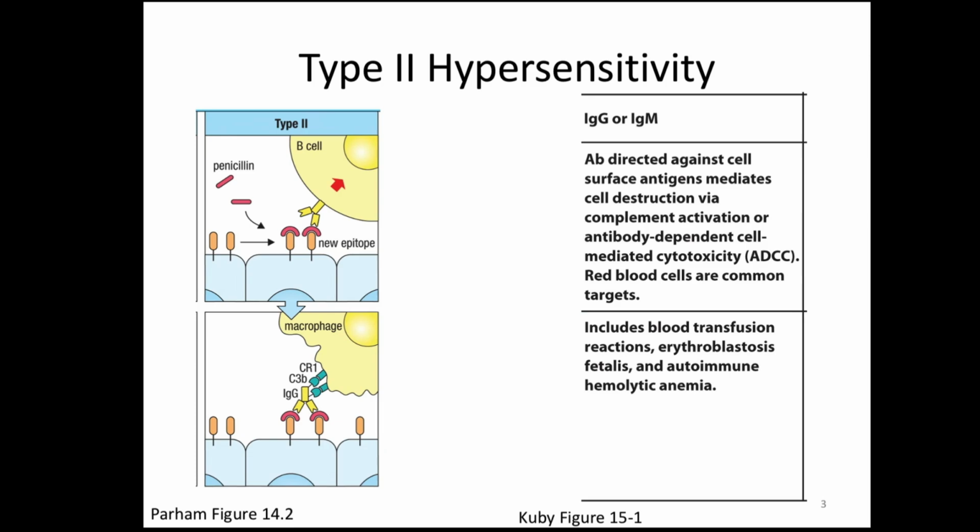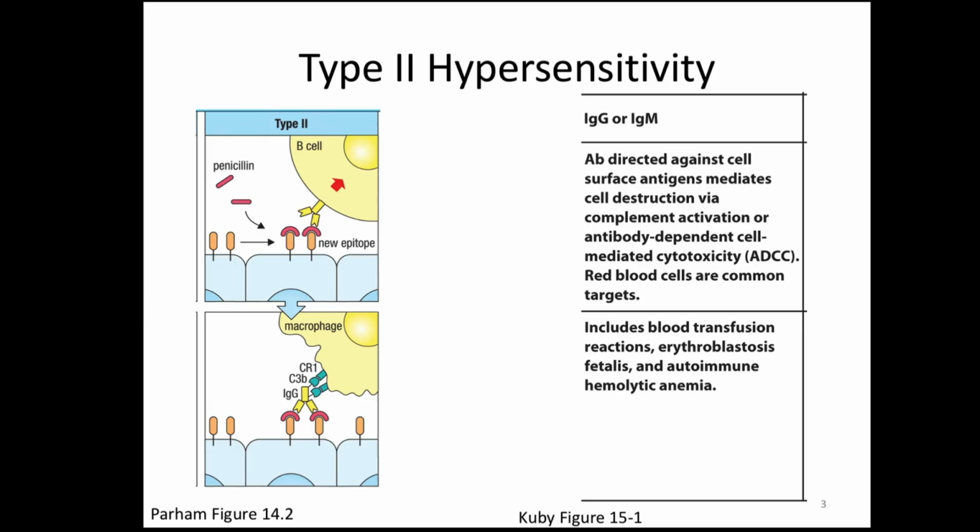With type 2, just like type 1, antibodies are really key. Here, the antibodies are of the IgM or IgG isotype instead of IgE. So you can see at the top that IgG or IgM is really key.